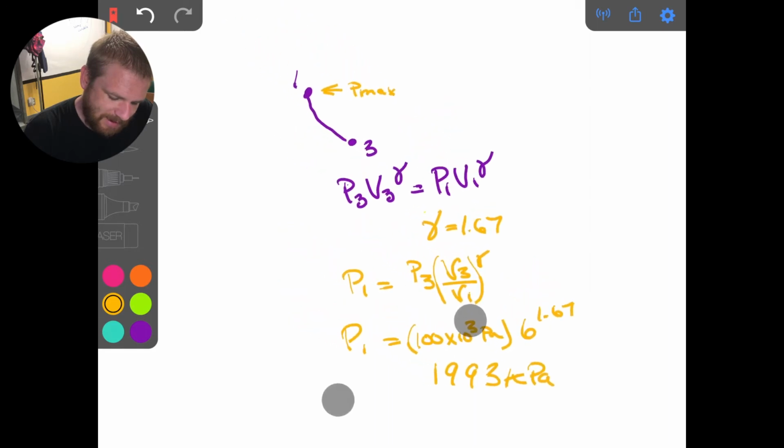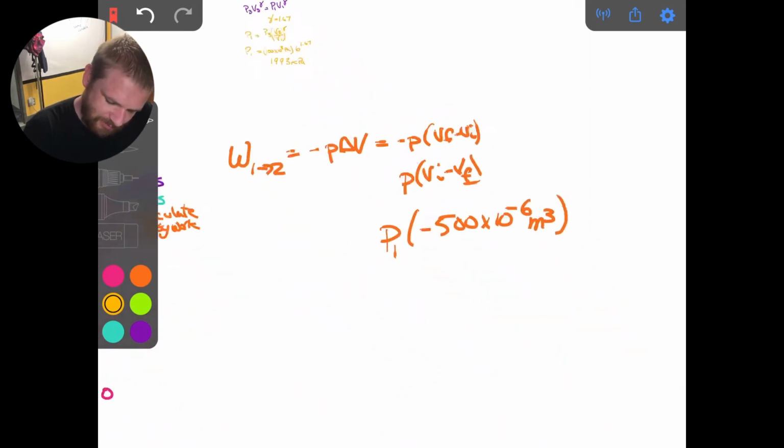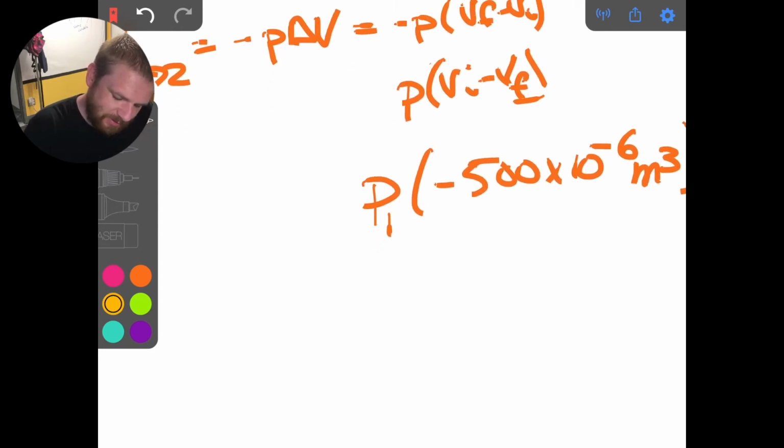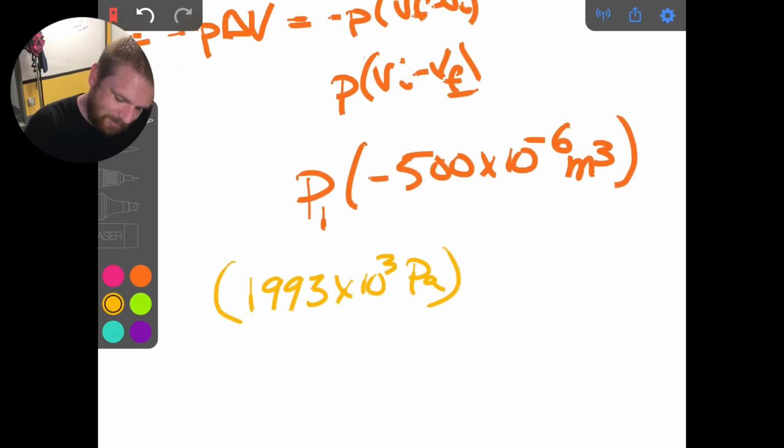So now we can go back to our work calculation down here, where we needed to know the pressure at 1 in order to calculate P times delta V. So the pressure now we know is 1,993 times 10 to the 3 pascals, multiplied times our minus 500 times 10 to the minus 6 cubic meters.